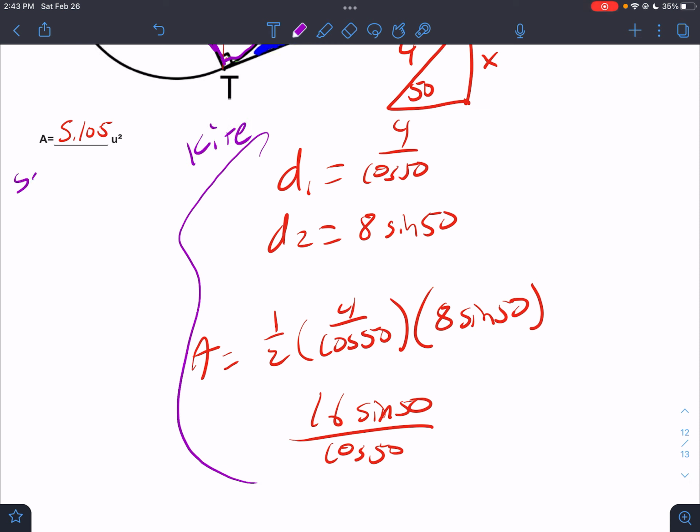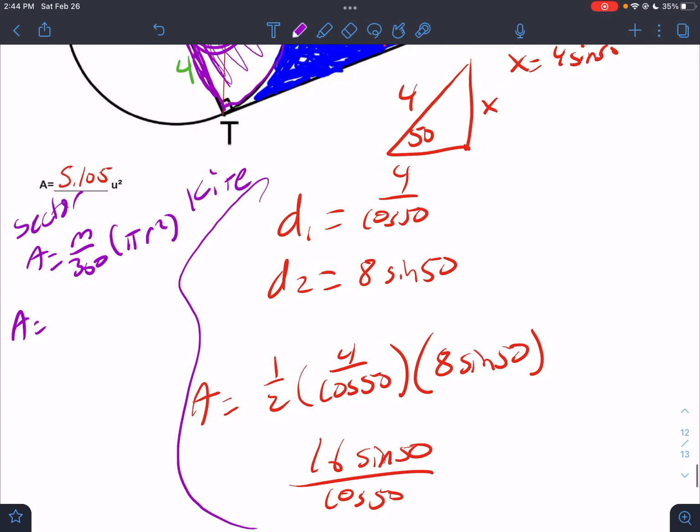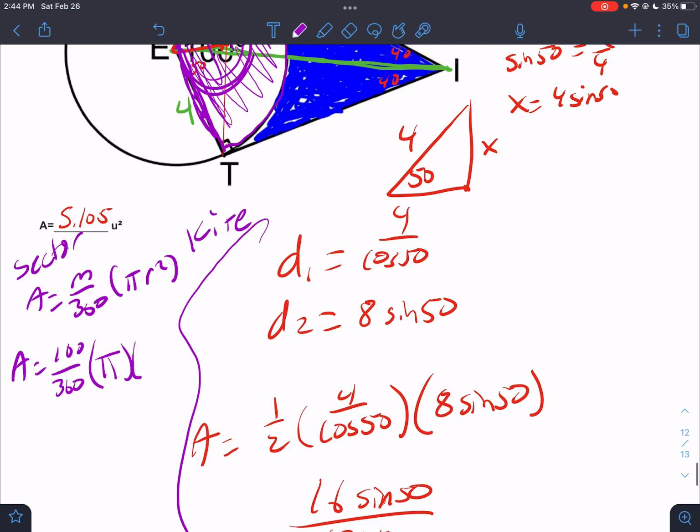Let's do the sector. So the sector, remember, is the angle you have out of 360. That's the percentage of the circle that you're working with, times the area of the whole circle. So on ours, we have 100 degrees of our circle out of 360, and that would be pi, and our radius would be 4.